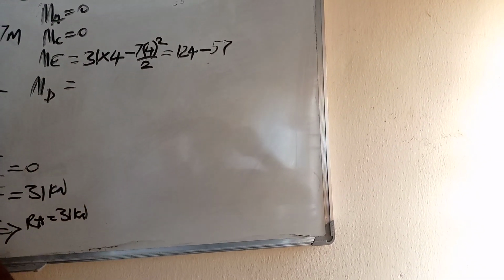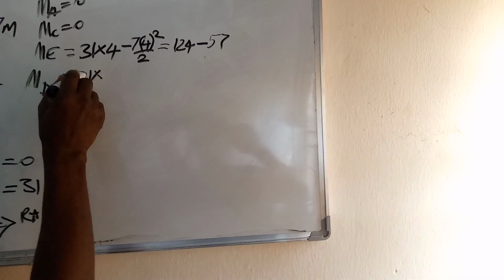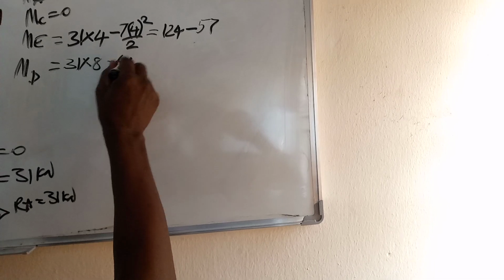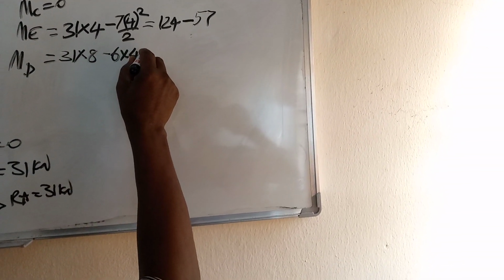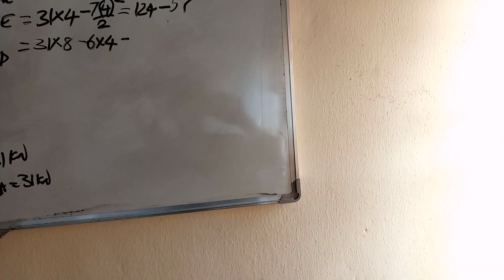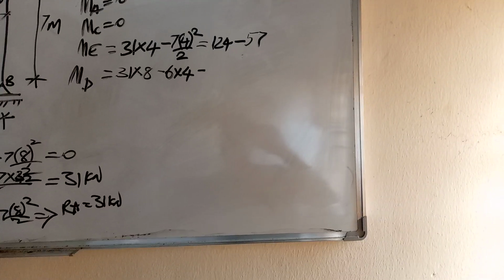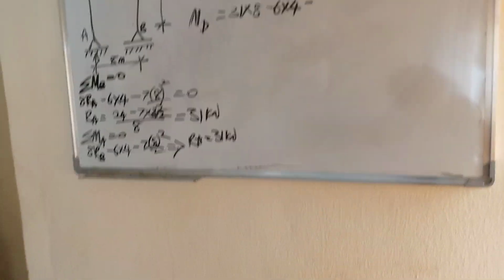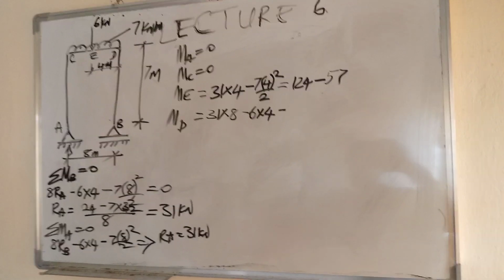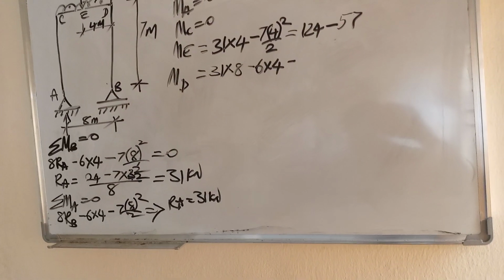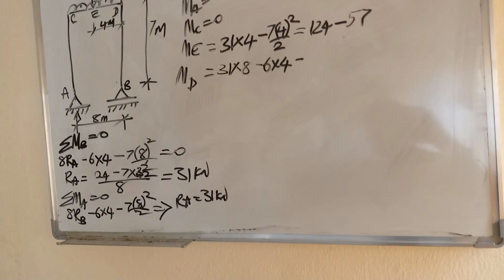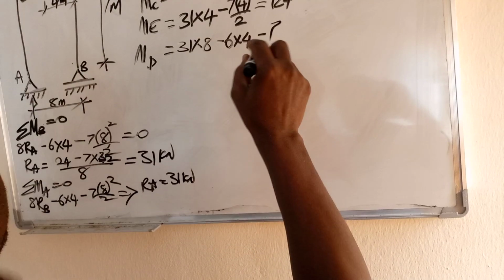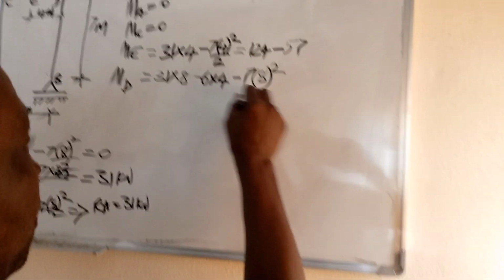Moment at D is equal to reaction A coming to play: 31 times 8 minus 6 times 4 minus 6 times 4, minus 7 times 8 squared over 2.